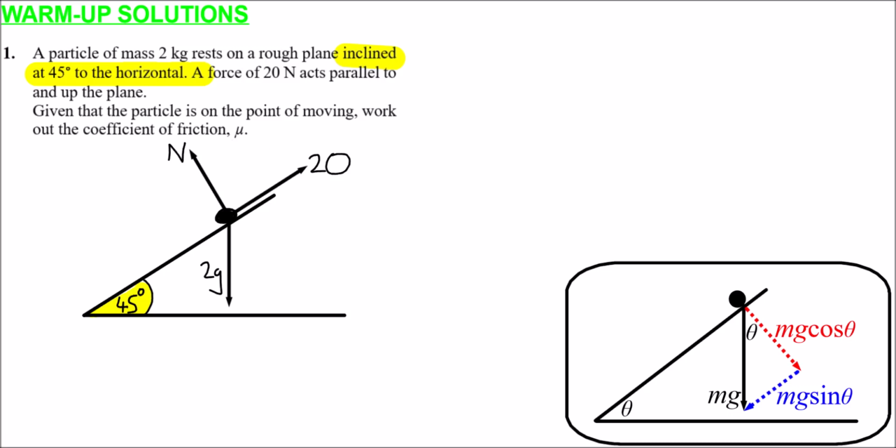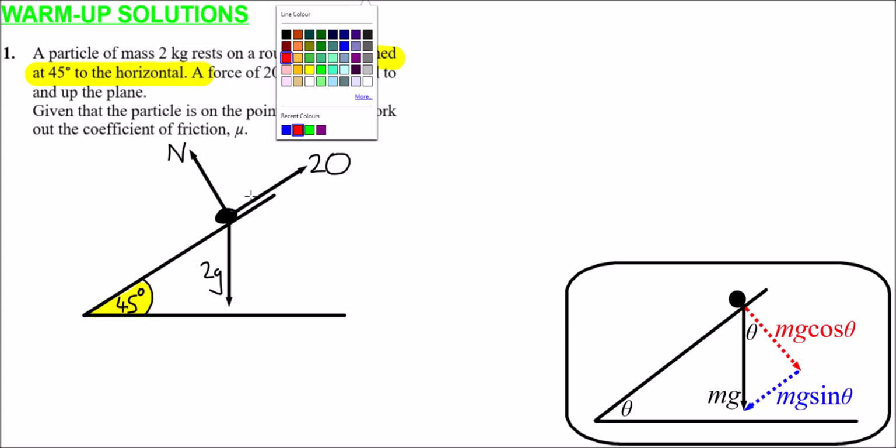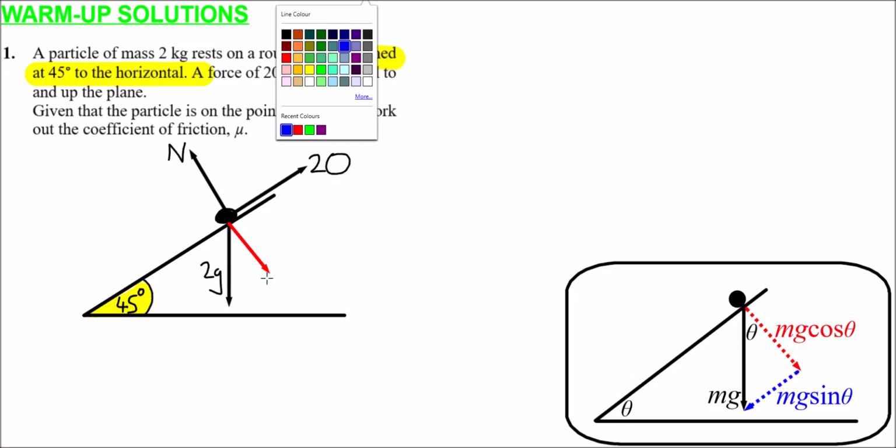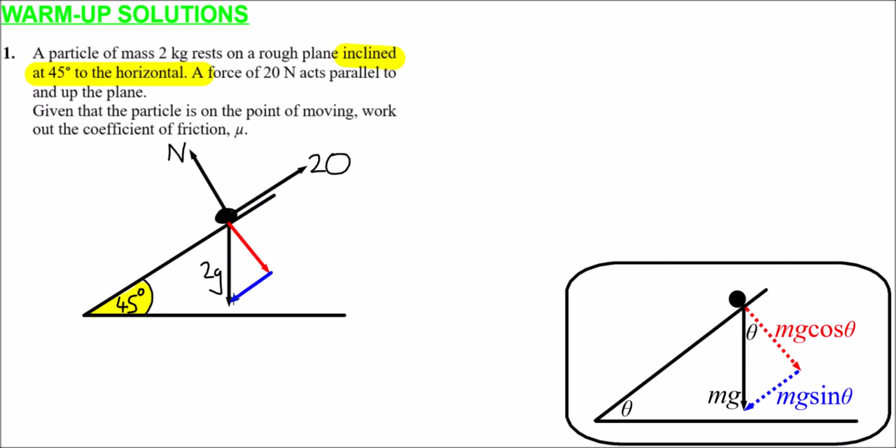So essentially, the component of the weight acting perpendicular to the slope is going to be the weight multiplied by cosine of this angle. And this angle here will be the same as this one here. And as well as that, the component parallel to the slope, going up and down the slope, is the magnitude of the hypotenuse, the weight again, but this time sine of this angle.